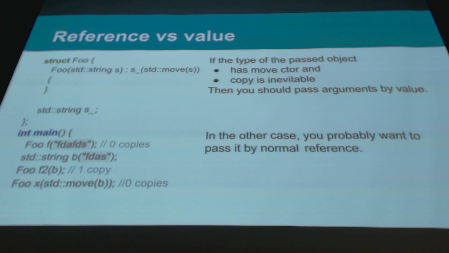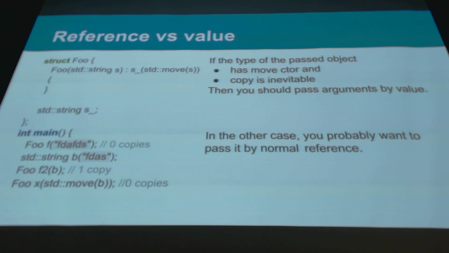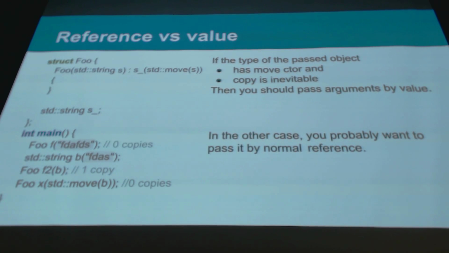So, if the type that we take by value has a move constructor, and the copy is inevitable, then we should pass something by value. Constructors are a regular place where we want to do this. And as I said, it also solves the problem with variadic templates, because instead of having that many functions, we will just take everything by value.